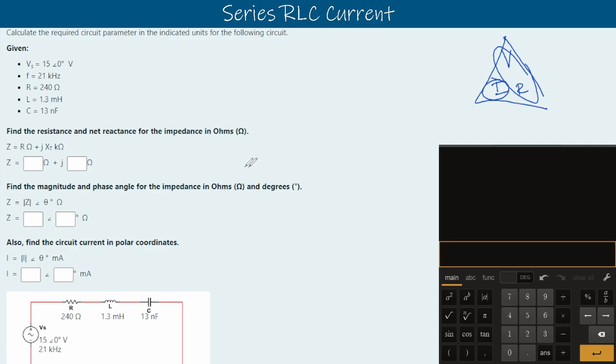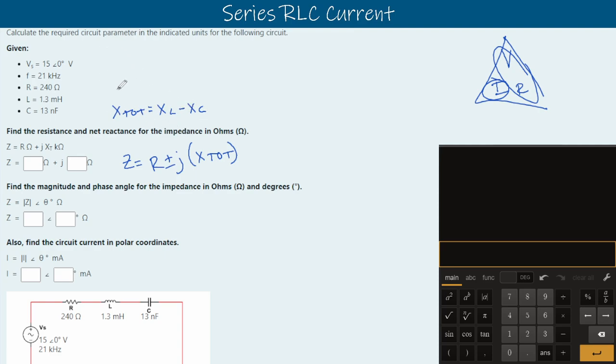That is where we're going to start, in finding our rectangular form of Z, which means that Z is equal to our resistor plus or minus J X total. We'll find that first, which means we need to figure out what our XL and XC values are so that we can get to X total, because X total is the combination of our XL minus our XC.